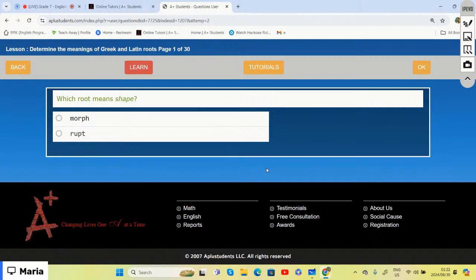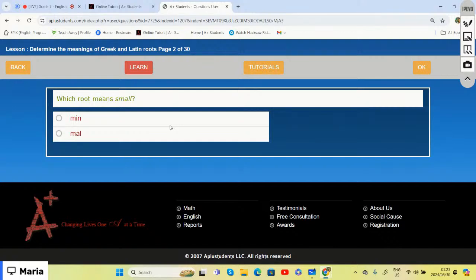And if we look at that specific word, right, we can say option one, which is morph. So morph has to do with shape, like a screen, but yes, a shape.